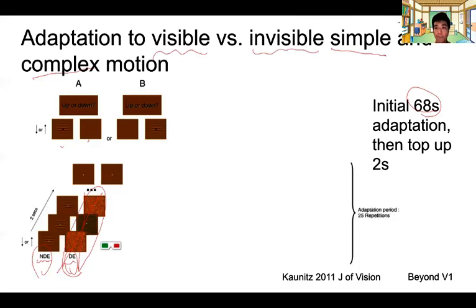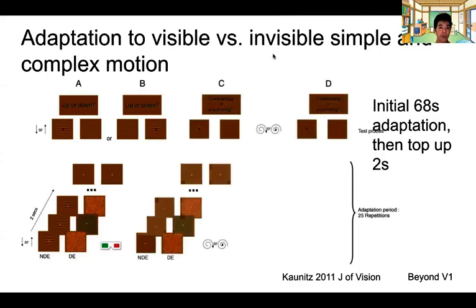Next, what Lisandro did was to present complex motion. Here it looks like the expanding or contracting motion of the Buddha demo that I showed, but he used a spiral motion. The spiral is believed to be processed one step higher than MT. It's called MST, medial superior temporal area.